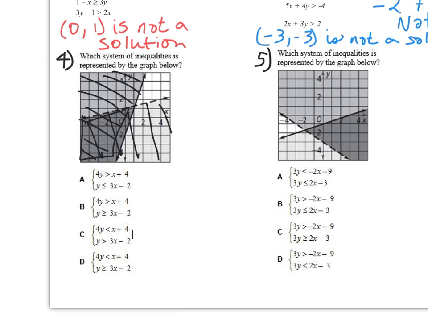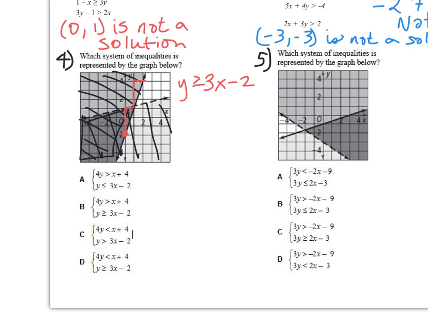All right, so I'm going to write those equations. The solid line first begins at -2, and then my slope is 3/1. So I'm going to say y = 3x - 2. And it's shaded above, and it's a solid line, so it's greater than or equal to. So right now I'm going to look at my answer choices and see if that's one of the equations.